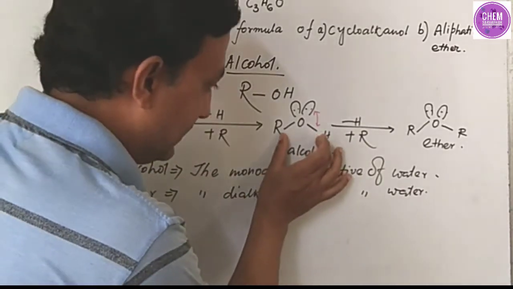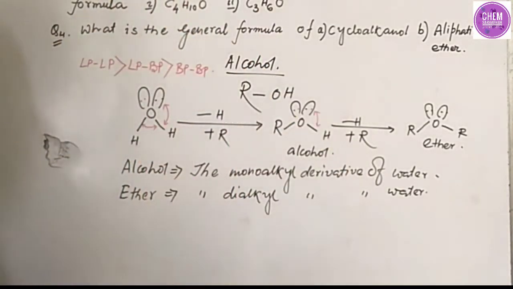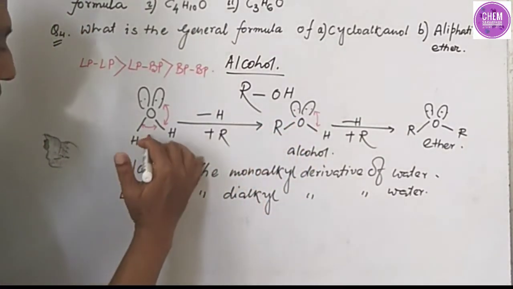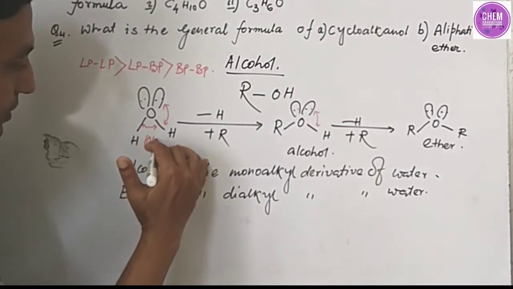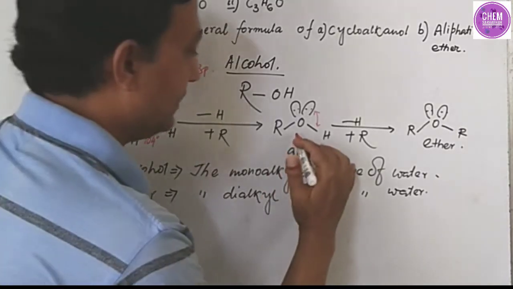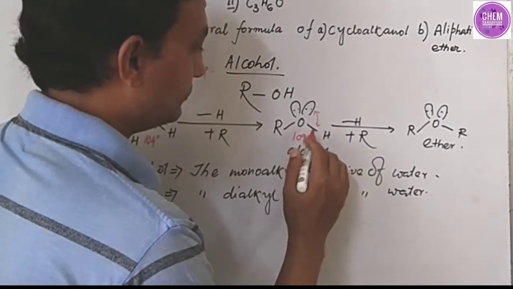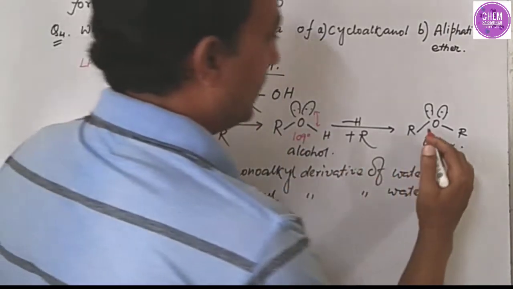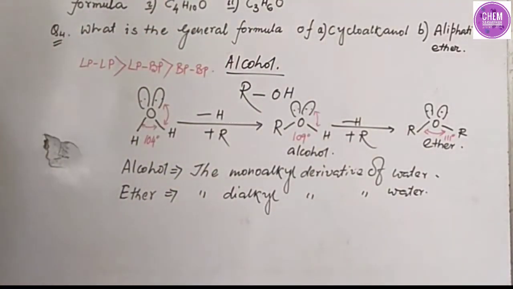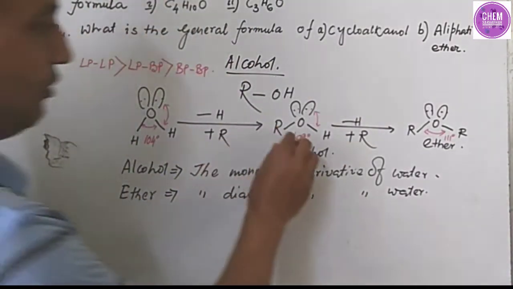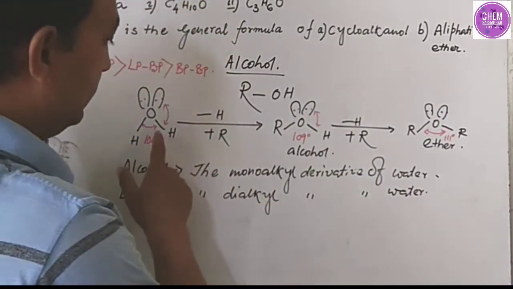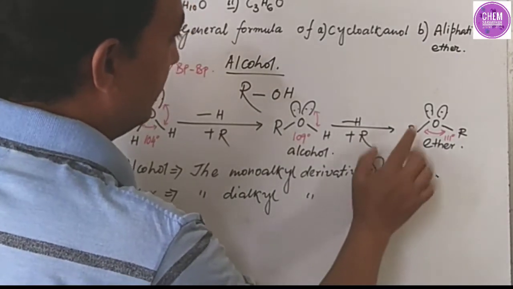That's why the bond angle cannot be reduced to that extent as in water. That's why its bond angle is 104 degree, whereas it is 109 degree, but in ether it is 111 degree. The value cannot be remembered, the value is not the important factor, but this comparison is important.